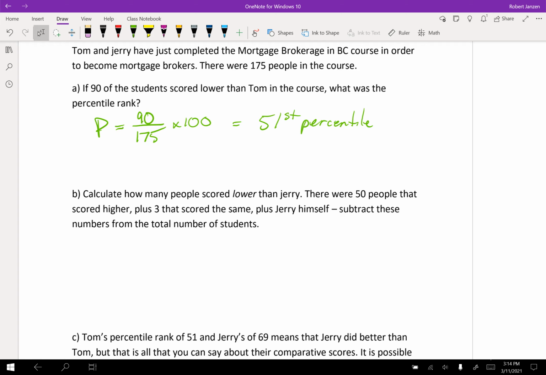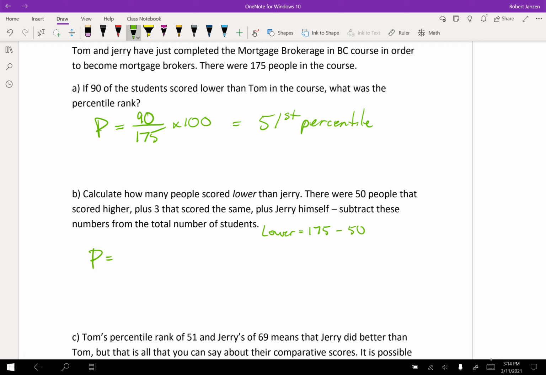Okay, calculate how many people scored lower than Jerry. There were 50 people that scored higher, plus 3 that scored the same, plus Jerry himself. Subtract these numbers from the total. So again, we want percentile. Okay, so there were 175 people, and I'm going to take away 50. Okay, they scored higher. So remember, we're looking for who scored lower here.